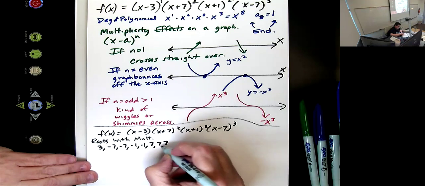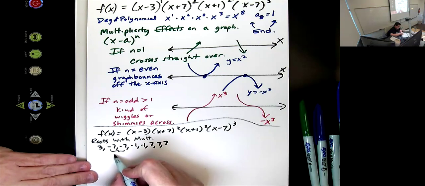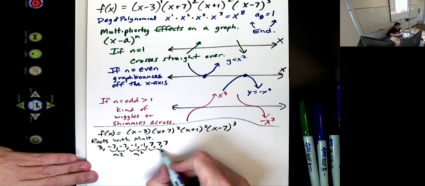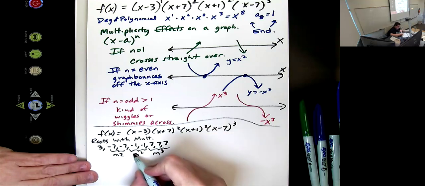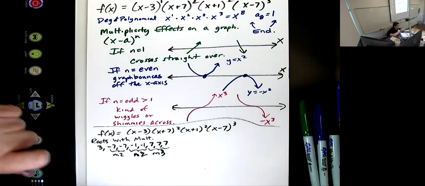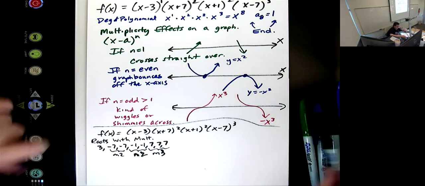I'm just gonna say M2 for multiplicity 2, and that's multiplicity of 3. That looks like a square. I don't want it to look like a square. I'm gonna say multiplicity there.